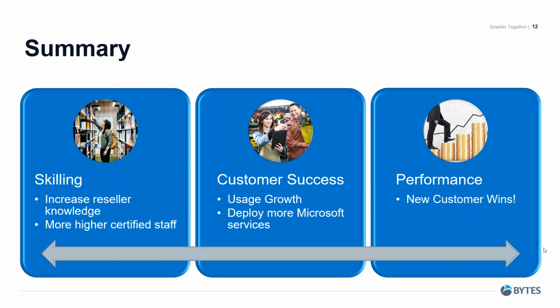If you're aiming for an advanced specialization, I'd probably say reach out to your Bytes representative. We can have a call to plan how you get to the advanced specializations, because it's not as simple as passing exams. With advanced specializations, you're also going to have to go through a Microsoft audit. We've gone through these audits. We have, I think, 6 or 7 advanced specializations.